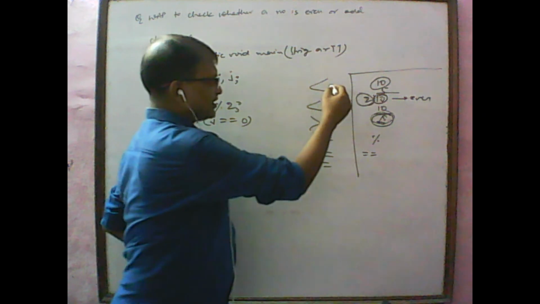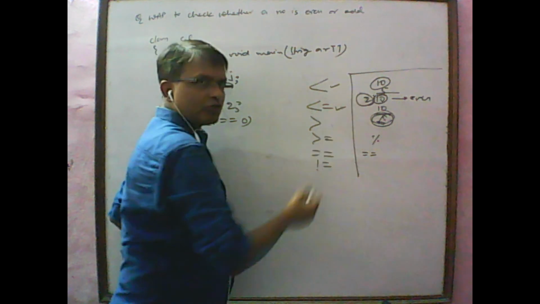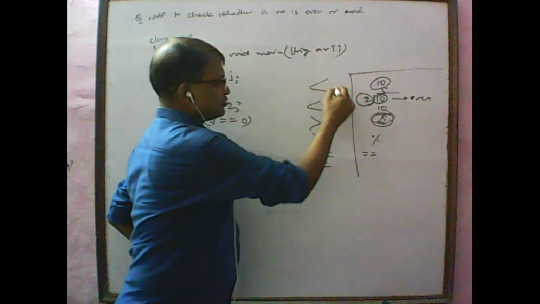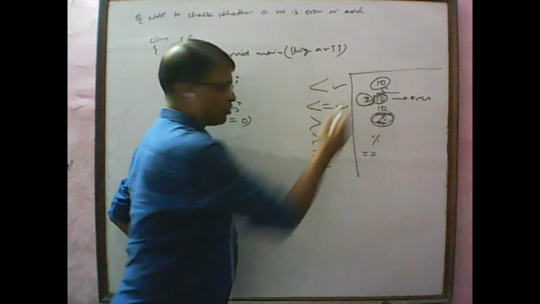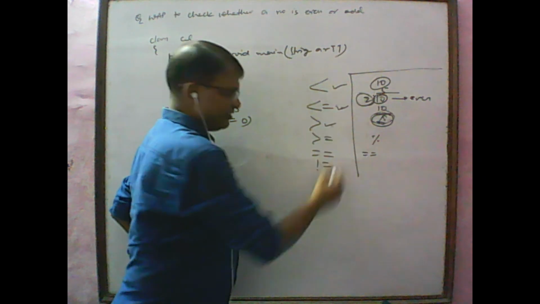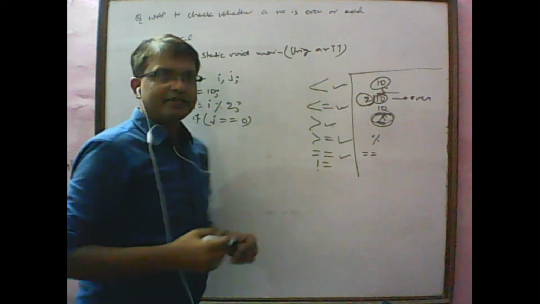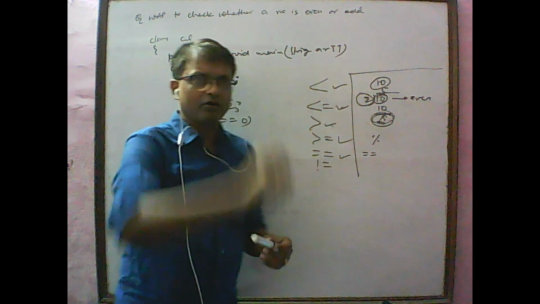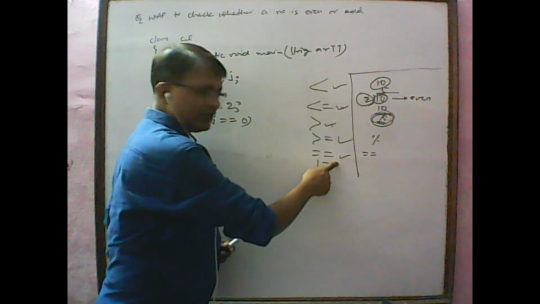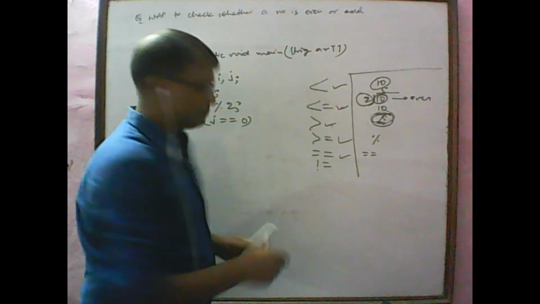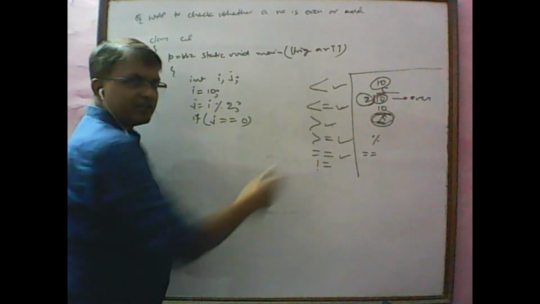Double equal to is for equality, whether the two numbers are equal or not, and not equal means the two numbers are not equal. So these are the relational operators.